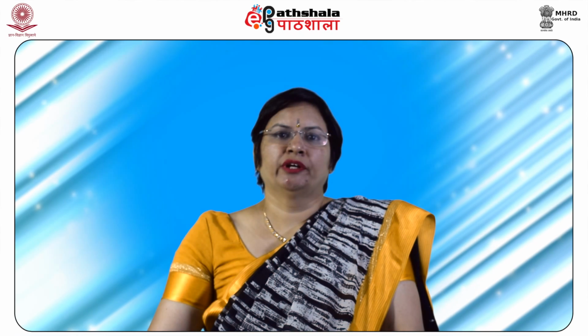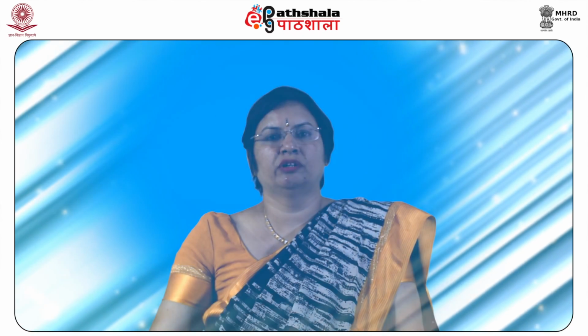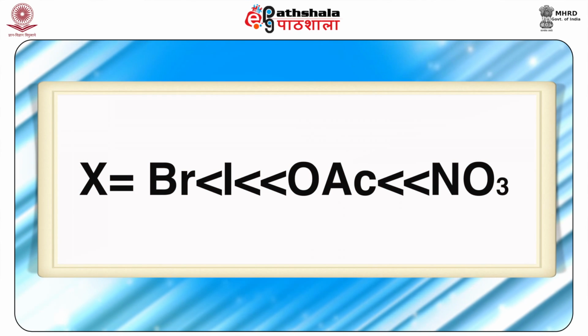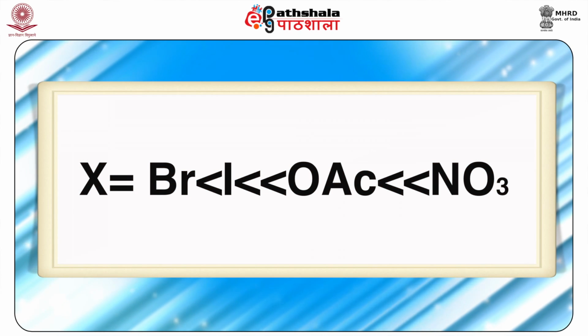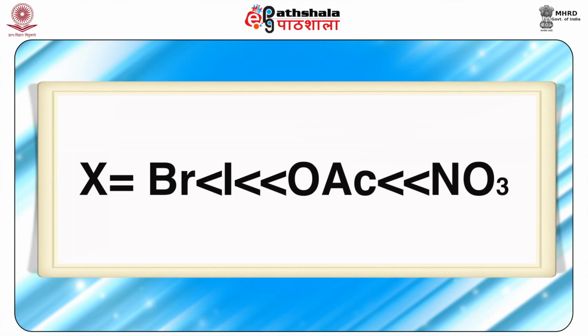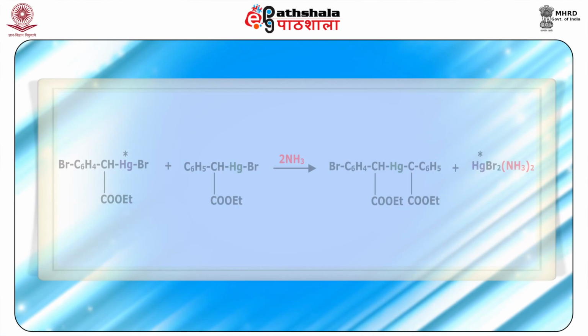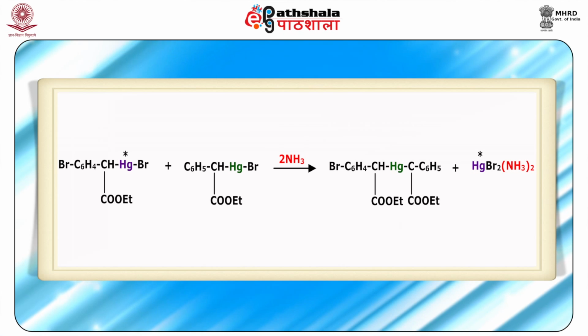So, therefore, it implicates the SE2 mechanism, and because of retention it is the SE2 front mechanism. Furthermore, support for the SE2 mechanism was provided by the rate coefficient, which increases in the order of X equal to Br being less, I becomes more, higher in rate than OAc than NO3, and this is again predicting the SE2 front mechanism. Another example by the use of radioactive mercury is as shown here.